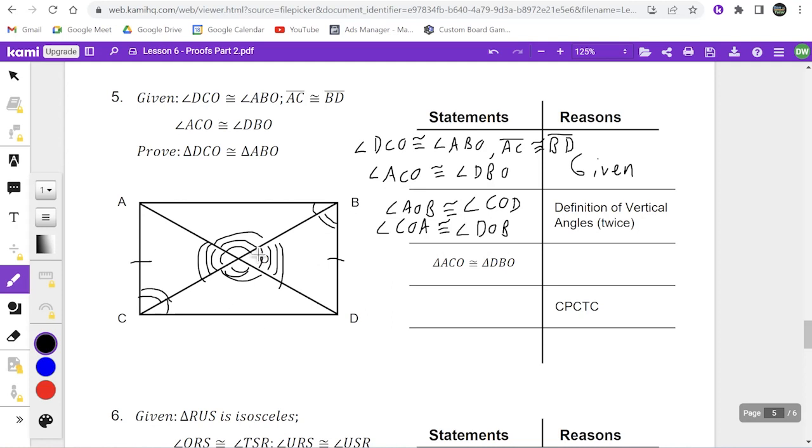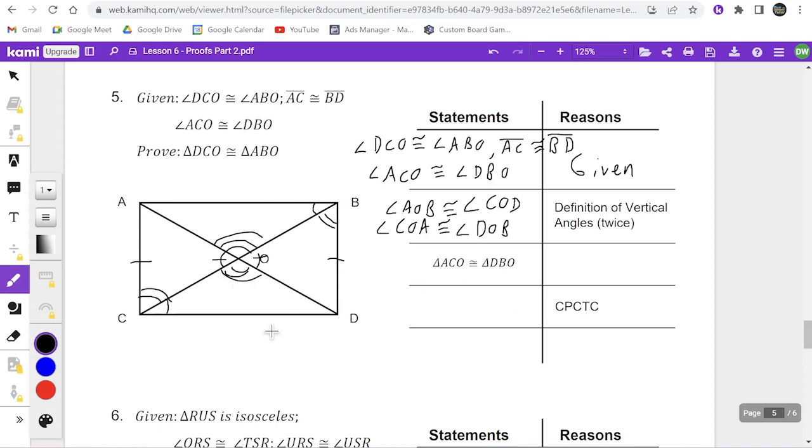And if you don't feel like doing the 4 tick marks because it's confusing, you can do whatever you want. For instance, you can say 1 mark with a line through it, and that at least is different, so it's a way of distinguishing it from the other angles, because this gets really confusing. Okay, anyway, that's correct. Next, we need to say triangle ACO is congruent to triangle DBO.